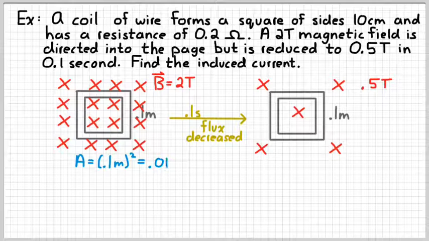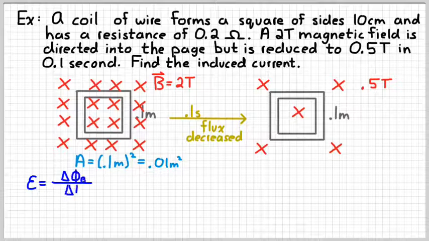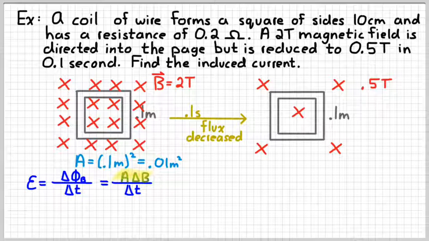First thing we might do to solve this problem is figure out the area of the loop, so just side squared. And then we might use Faraday's law. The change in flux is caused by a constant area but a changing magnetic field. And so that's why I kind of wrote it like this, A delta B. That just kind of makes things simpler.